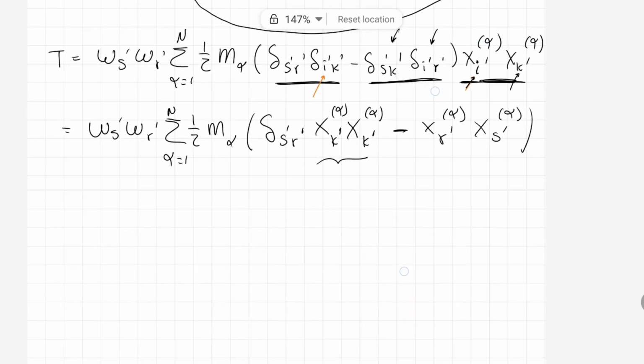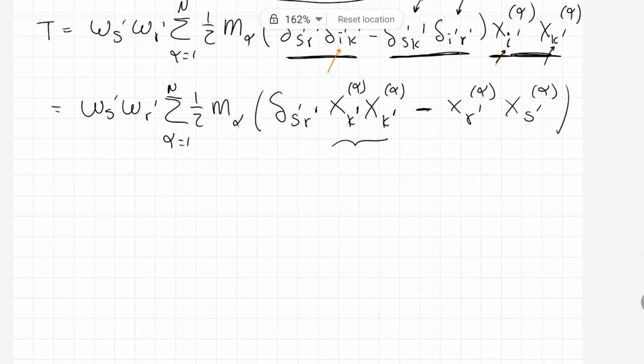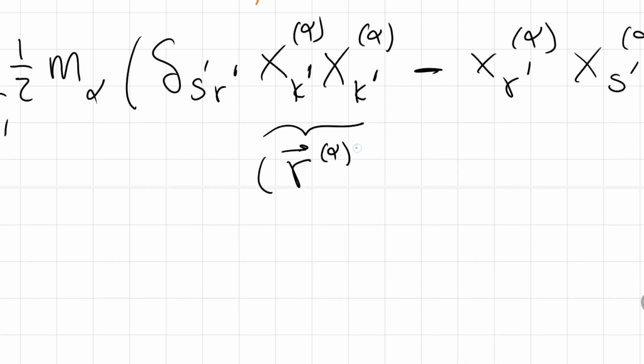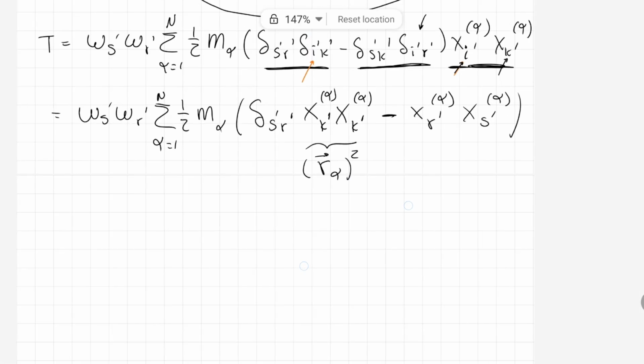Okay, perfect. For now, we are going to change the r and the s back to the i and the j index. It is the same, but just for convenience, we are going to use i and j again. And recall that these can be defined as r alpha, sorry, the alpha is here, and this squared. Okay, perfect.